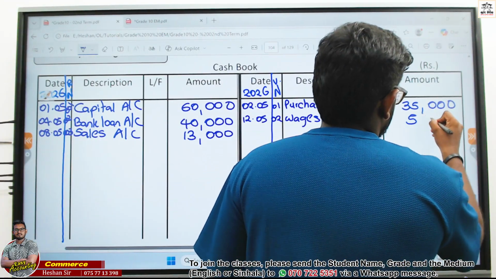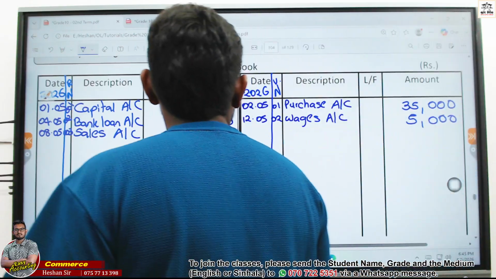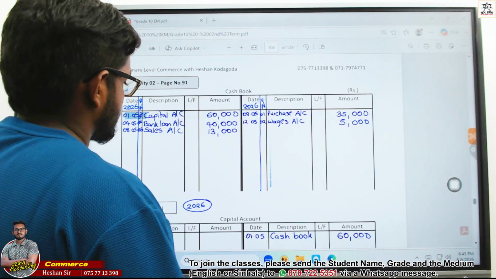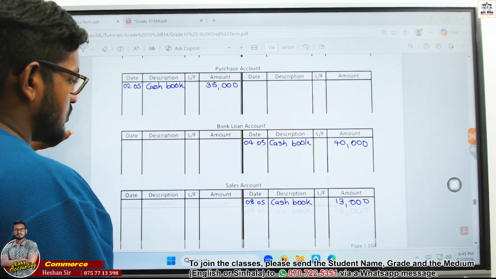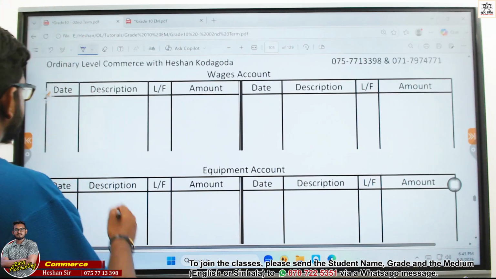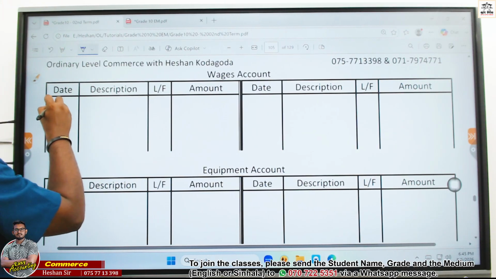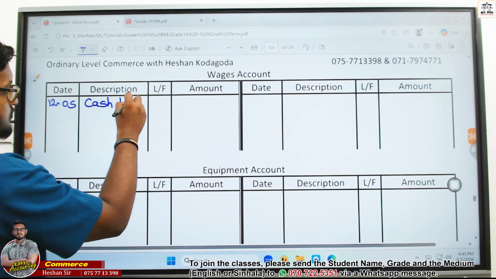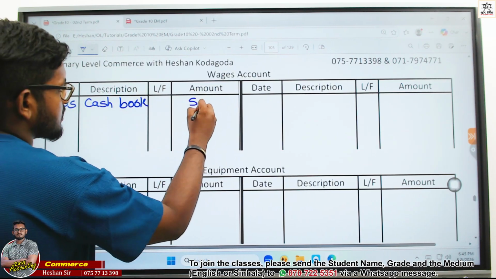Cash book credit, wages account debit 5,000. 12th of May, cash book, 5,000.